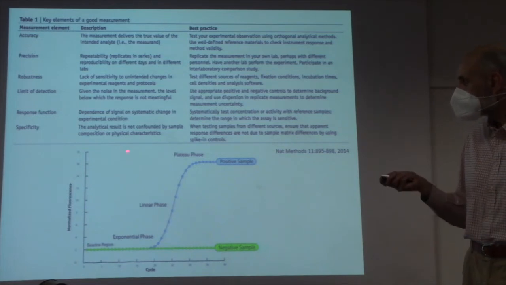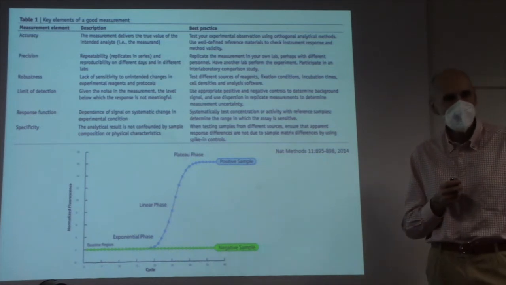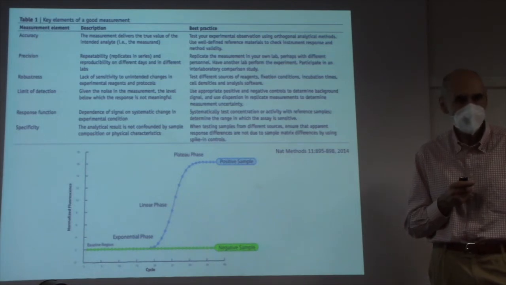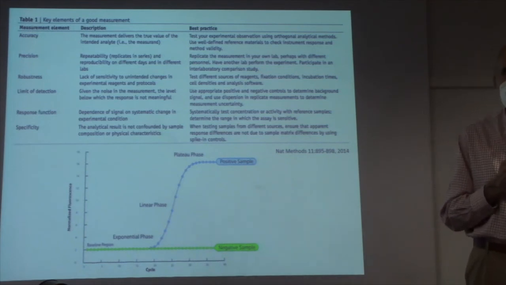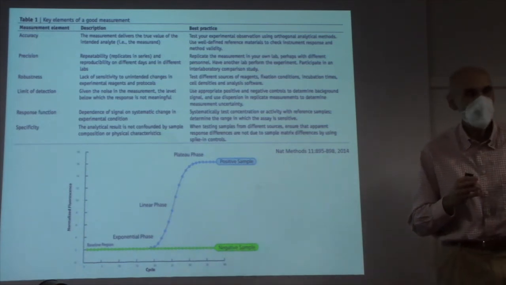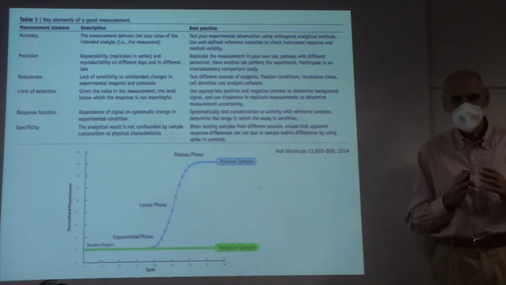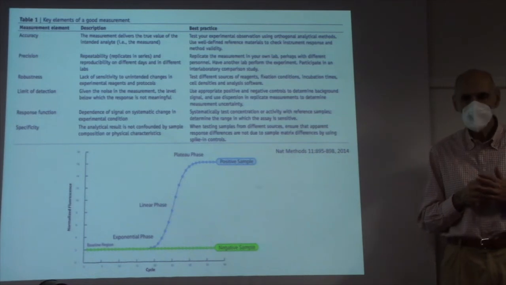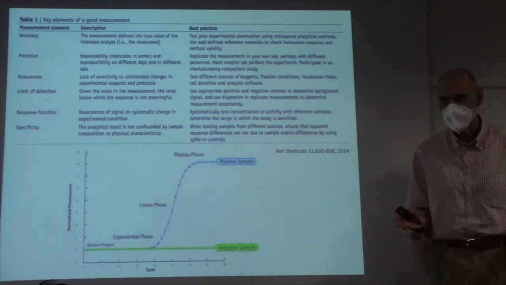You have to make sure, in general, that your results are not affected by what is called the matrix effect, which is not a reference to the movie. In fact, the matrix is whatever is not your analyte. For example, in a cell extract in which you want to determine the amount of a certain protein, everything else is the matrix.